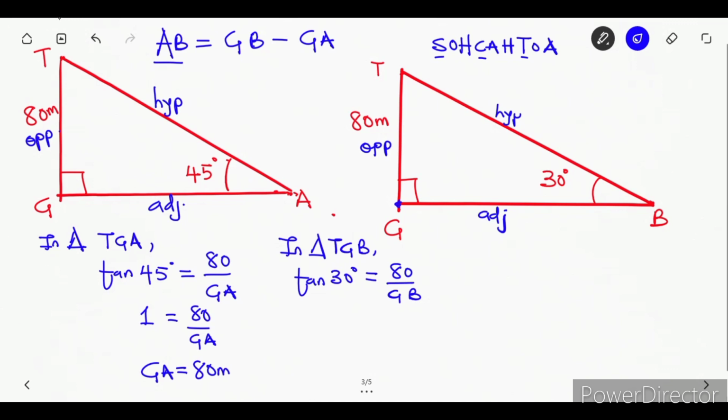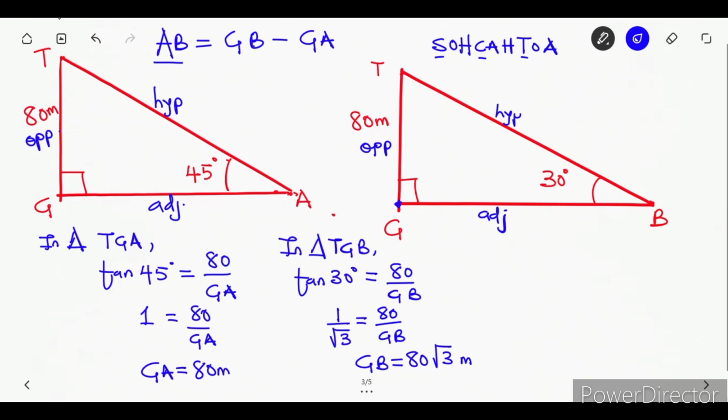The short form of it is 1 over root 3. 1 over root 3 equals 80 over GB. So when I cross multiply, I will have my GB to be equal to 80 root 3 meters. So I am almost there now.